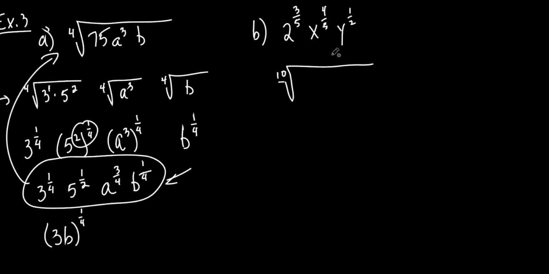You think you can? This is going to be 2, let's see. If I make this into 10, let's do this off to the side, the 3/5. Okay, if I make that into a 10, what's that going to be? It's a 6. So this is going to be 2 to the what? 2 to the 6th power. Do we know what 2 to the 6th power is?